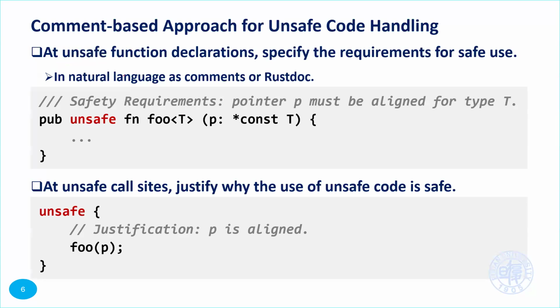Let's review the current comment-based approach. At the unsafe function declaration, the developer should specify the safety requirement, and at the call site of the unsafe function, the user should justify why the use of the unsafe code is safe.